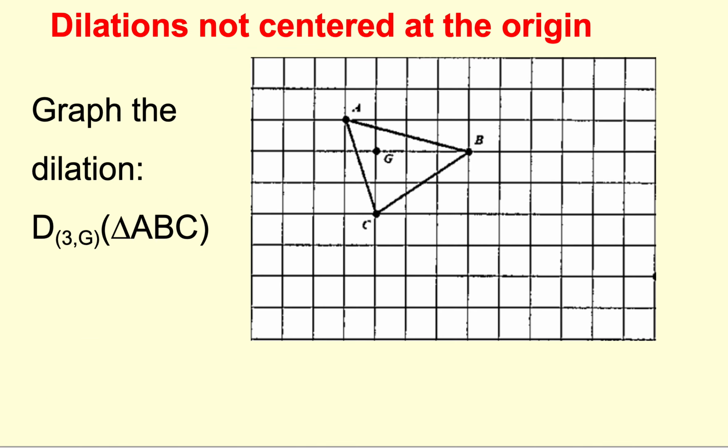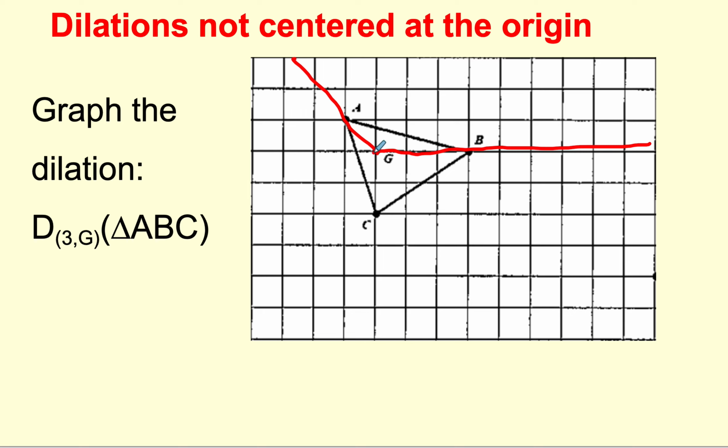Okay, let's take a look at moving a lot more points than just one. Let's move a whole triangle. This says a dilation of scale factor 3, and our center will be G. So we want to move points from G. We want to move B out farther away. We want to move A farther away.